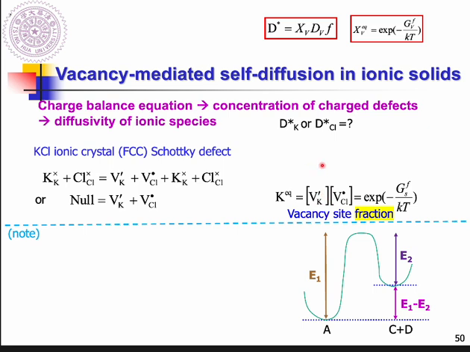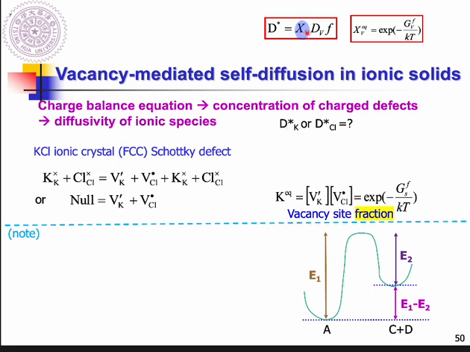Even though I'm not writing it as V, because it's quite difficult to write X_V_K and X_V_Cl, in your textbook they use this to represent the vacancy site fraction. So now, don't forget our purpose is that we need to know the D_K, right?